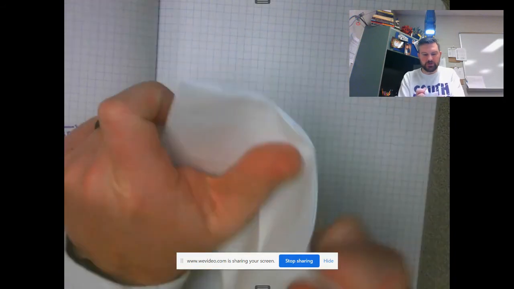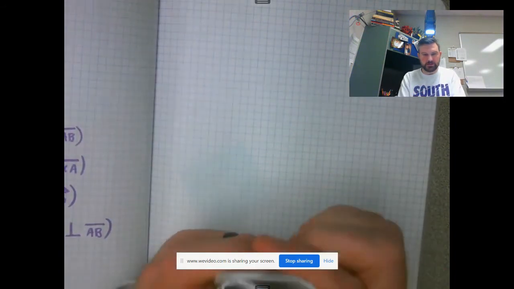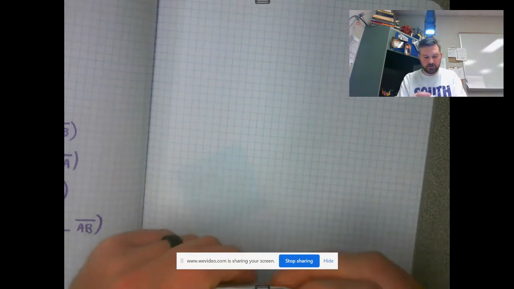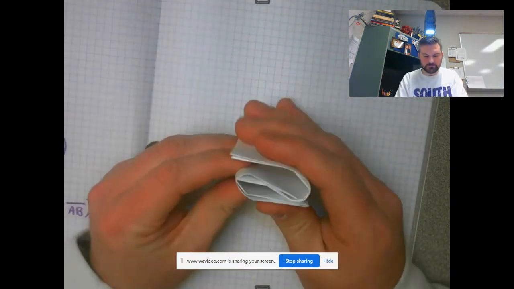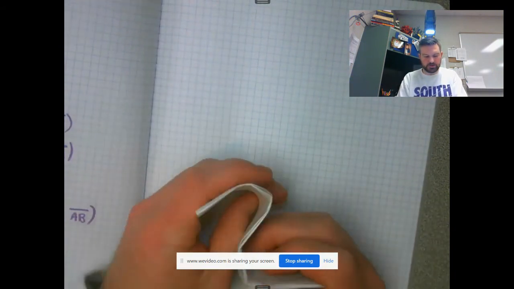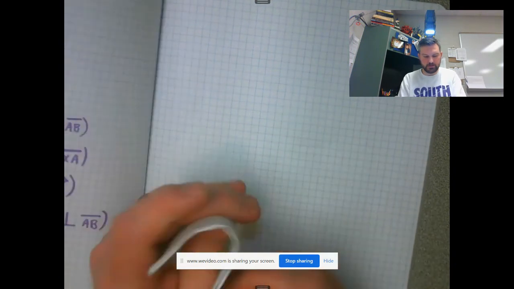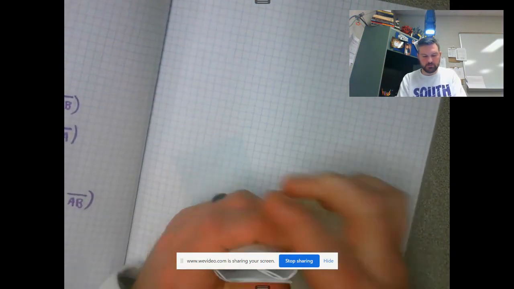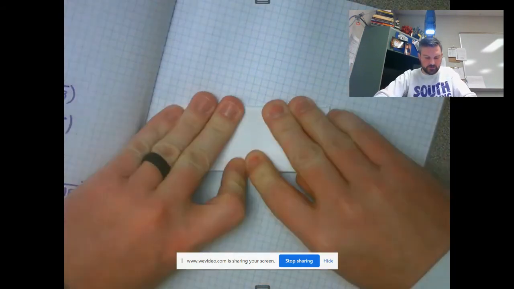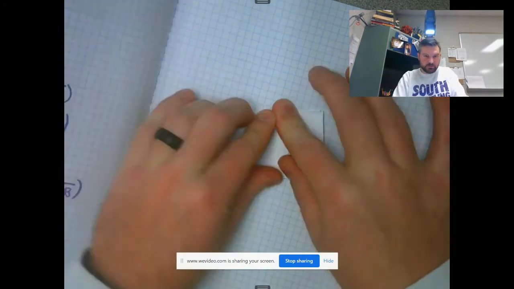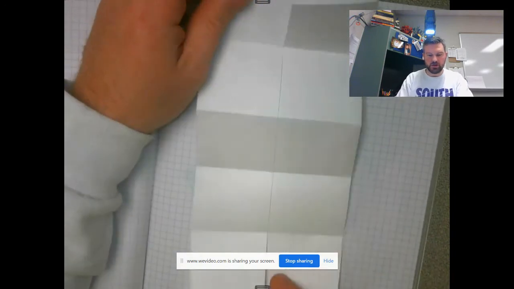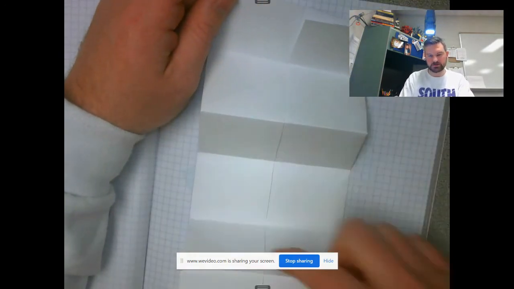Remember to fold in thirds. We just make that S or the Z. Make sure they're all looking equal to each other. And then we can crease it. Kind of difficult because we got so many stacks of paper there. Okay, so we've got it folded. When you open it most of the way up, you should have 6 sections here.